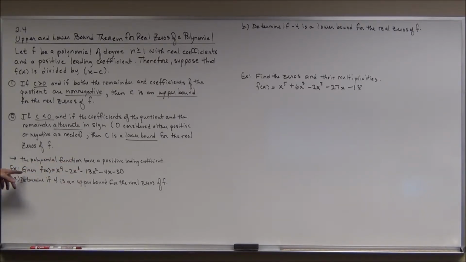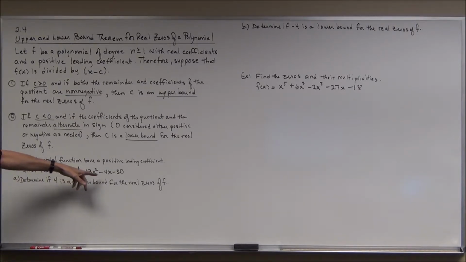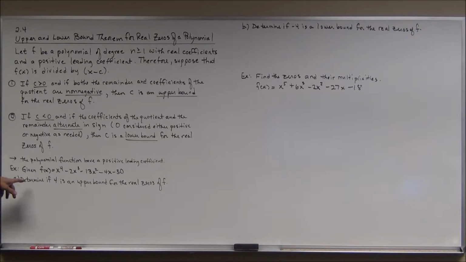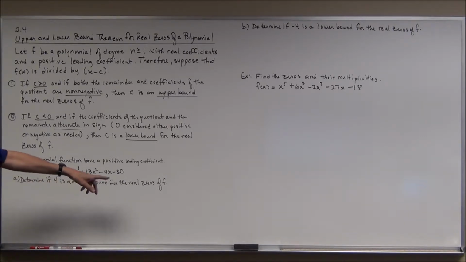So in this first example, given f of x is equal to x to the fourth minus 2x to the third minus 13x squared minus 4x minus 30, look at all the possible rational zeros. That could be p over q: plus or minus 1, plus or minus 2, plus or minus 3, plus or minus 5, plus or minus 6, plus or minus 10, plus or minus 15, plus or minus 30. There are a lot to check. It says, determine if 4 is an upper bound for the real zeros.